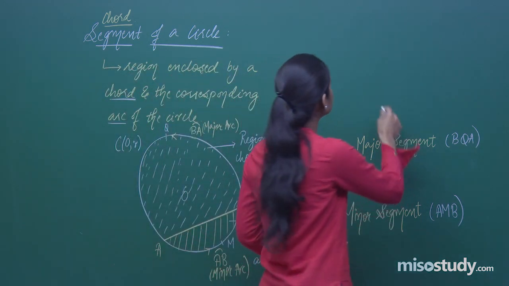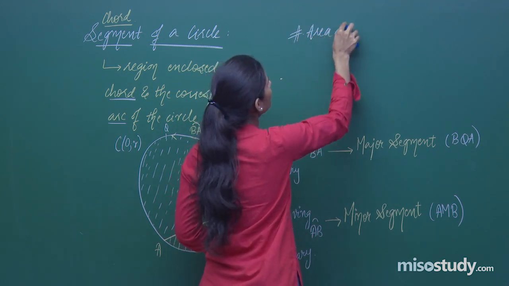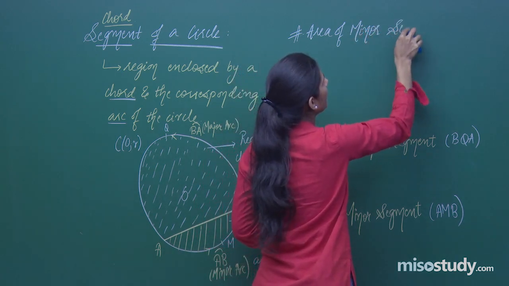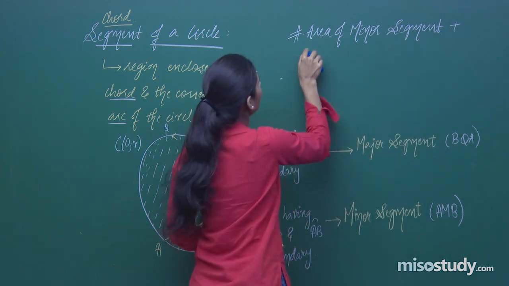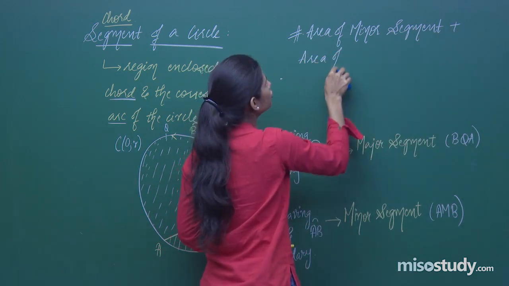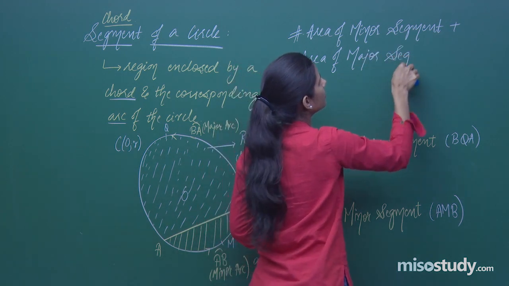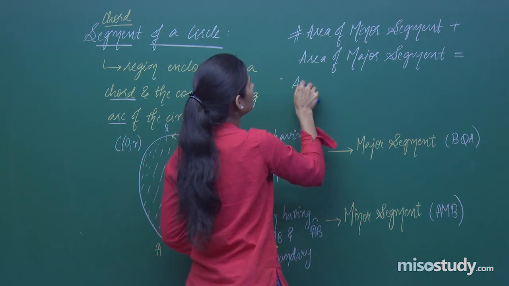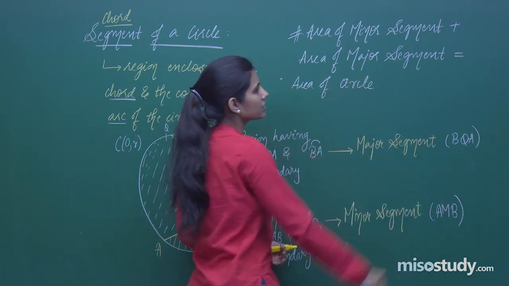What I am trying to say is that it's but obvious that area of minor segment plus area of major segment is equal to area of the complete circle.